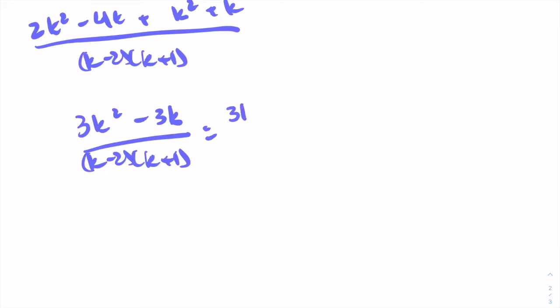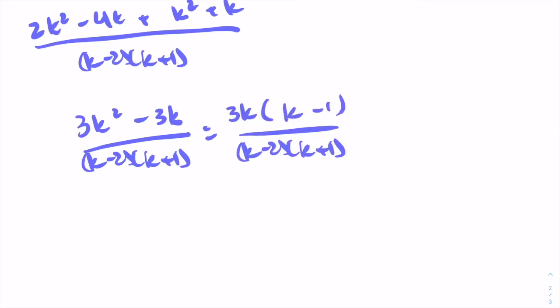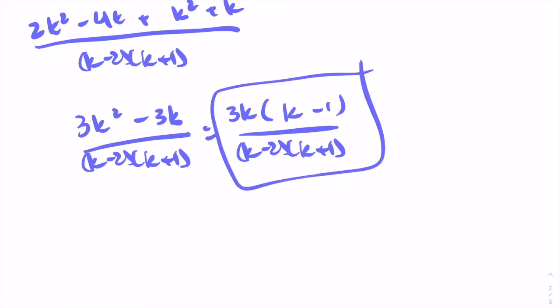My GCF is 3k, so if I take out a 3k, I'm left with k minus 1 on top over k minus 2, k plus 1. So that would technically be the simplified version. That was a lot of work. Let me know if you have any questions. Feel free to pop in the Zoom sessions if you do.